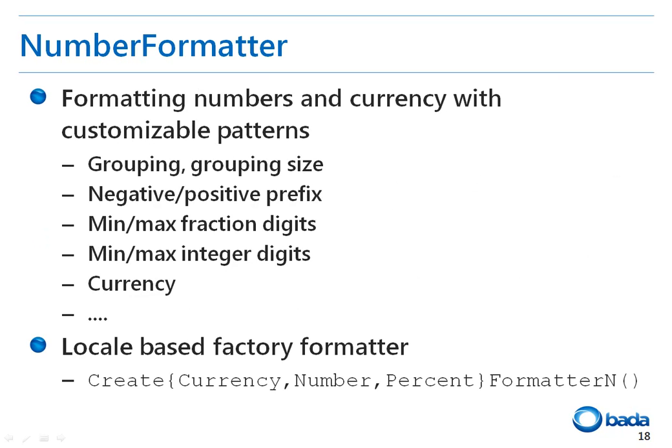Number formatter converts a number into a specified format and helps format numbers for a specific locale. For example, it's similar to changing the format of a number when you enter a number in a spreadsheet program like Microsoft Excel. The supported patterns include grouping, grouping size, negative number, prefix for positive number, minimum and maximum decimal places, minimum and maximum integer places, and currency mark.